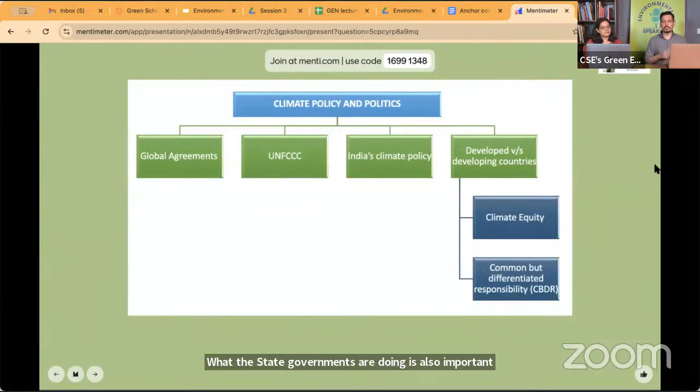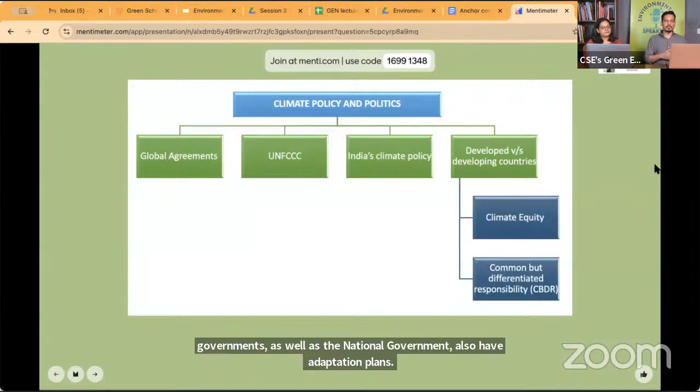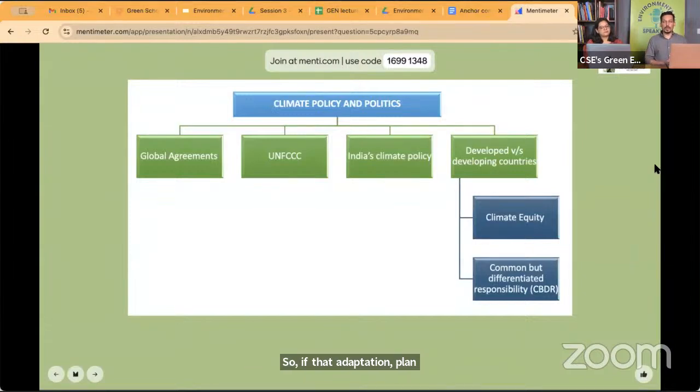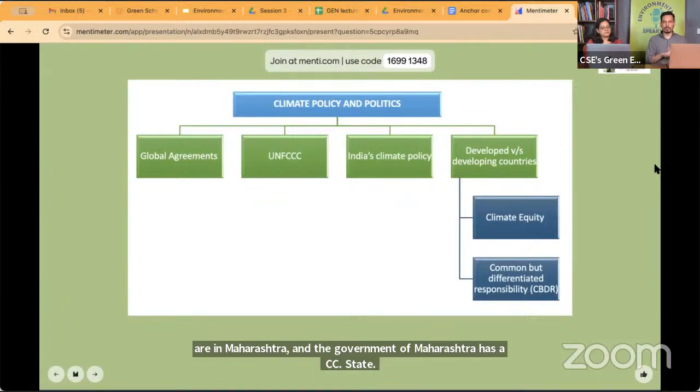I think subnational goals are being formed by various governments. Subnational governments as well as the national government also have adaptation plans. For instance, if we are in Maharashtra, the government of Maharashtra has a SAPCC, a State Adaptation Plan on Climate Change.